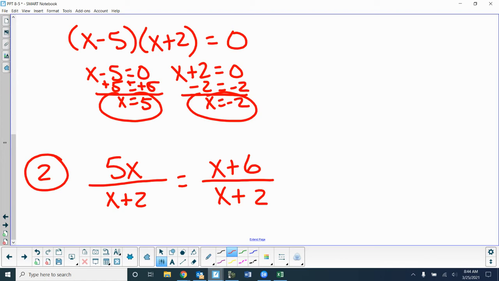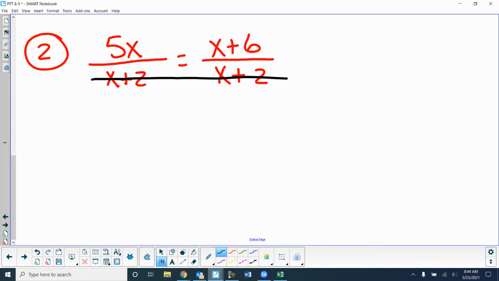The warm-up one, they were different, right? So when they're different, you cross multiply. That's the easiest way to go. When they're the same like this, you can just do this. Get rid of that. And just write 5x equals x plus 6. Just set the numerators equal. And that's only when those two denominators are the same.